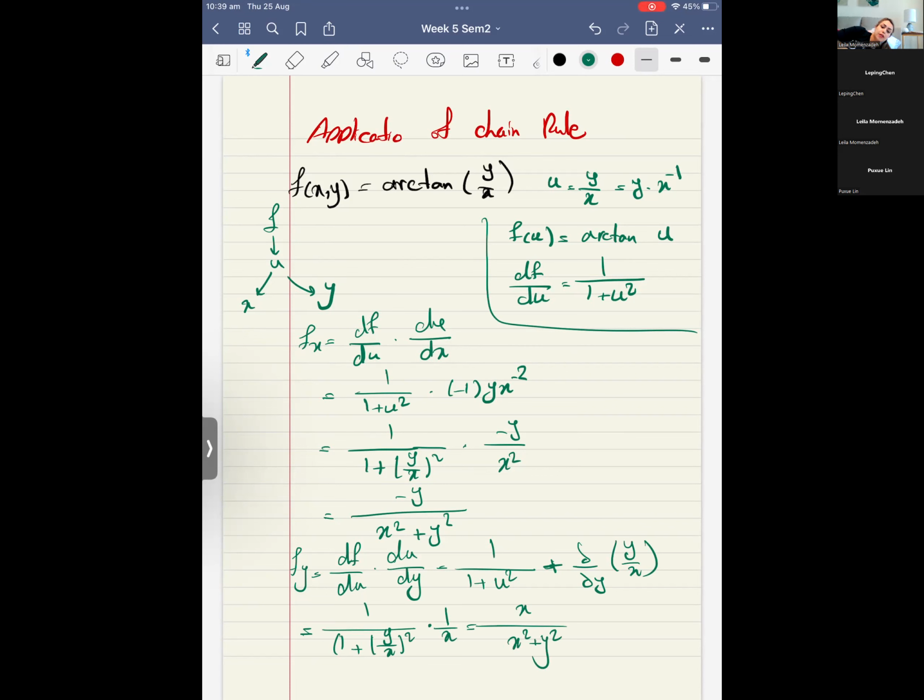And this is the chain rule that you had before. Okay, I think it's enough for this video. Let's go back to the main part, differential equations. Okay.